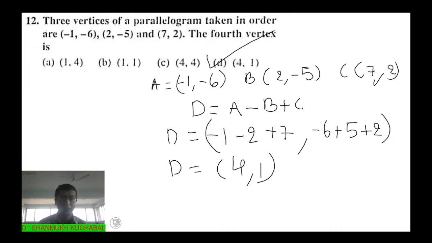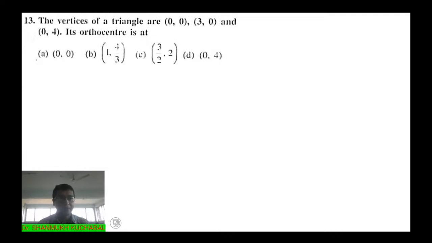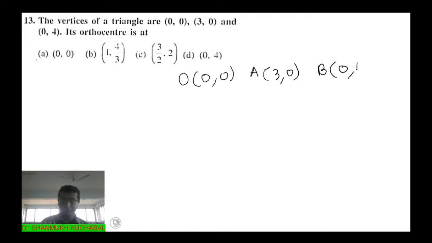Right answer. Okay, we'll move to our next example. Example number 13. The vertices of a triangle are (0, 0), (3, 0) and (0, 4). Its orthocenter is at, okay. So in a triangle, we'll take (0, 0) as the origin O. Then the point A is (3, 0) and point B is (0, 4).